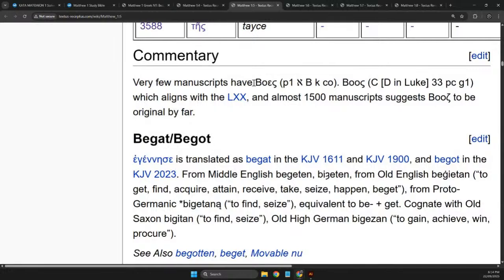Very few manuscripts have Boes: Papyri 1, and that is Sinaiticus, Vaticanus, K and CO. Boes in C, D in Luke 33 PC G1, which aligns with the LXX and almost 1,500 manuscripts, suggest Boes to be original by far.